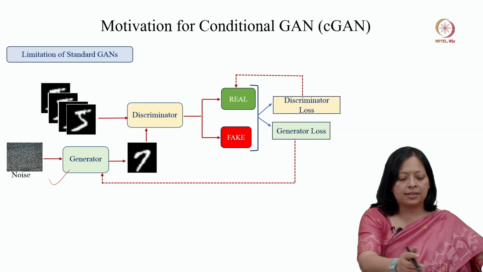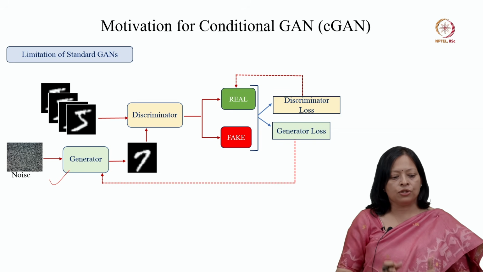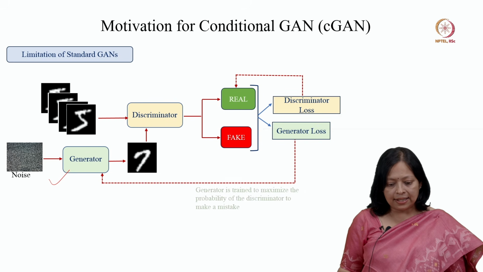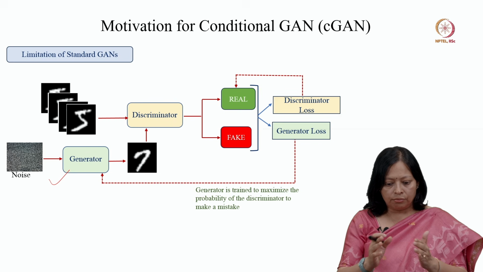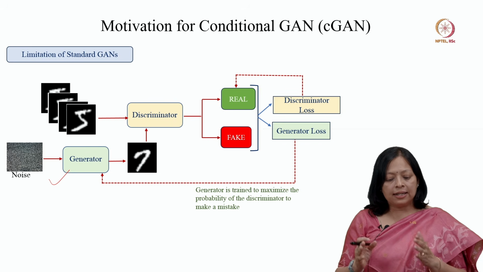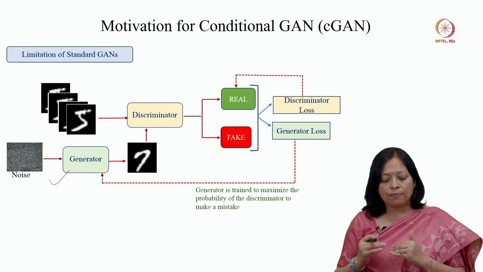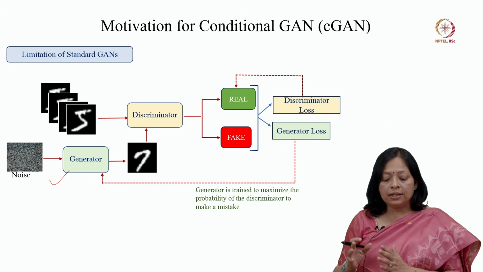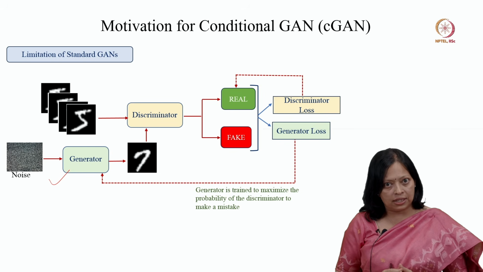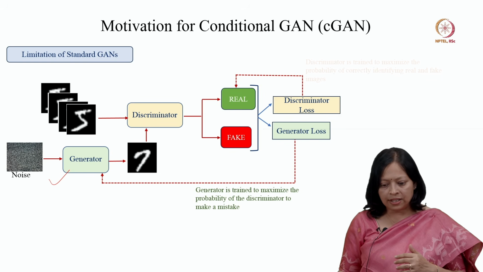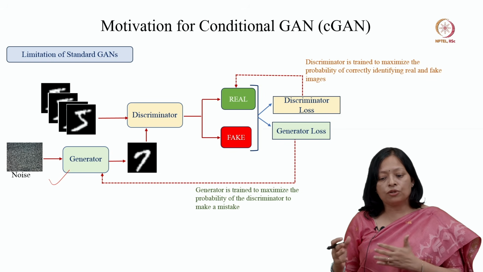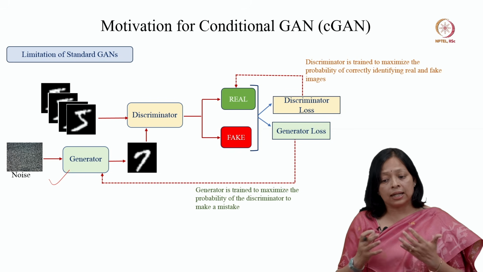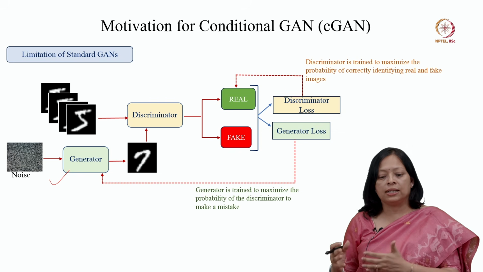Once again I have kept the image of the standard GAN here, and before I go forward, I want to emphasize that the generator is trained to maximize the probability of the discriminator making a mistake. In conditional GAN also it is the same. The discriminator is trained to maximize the probability of correct identification of the real and the fake images.